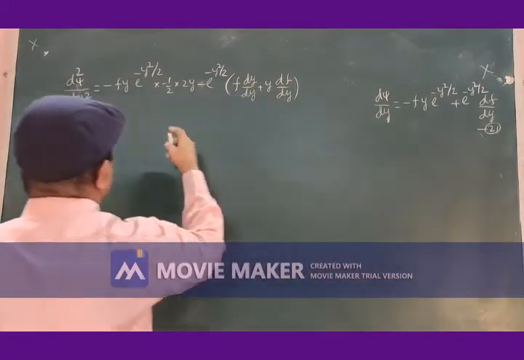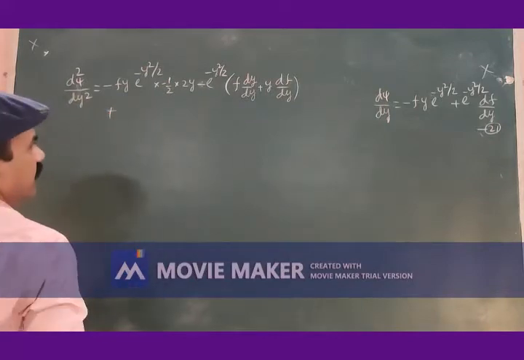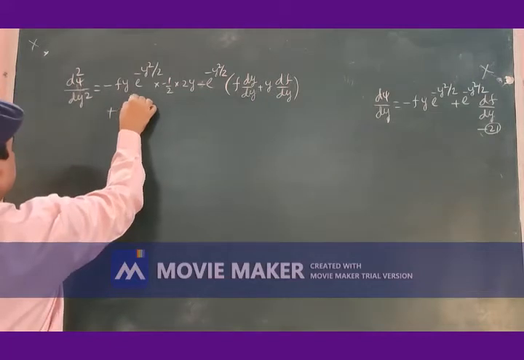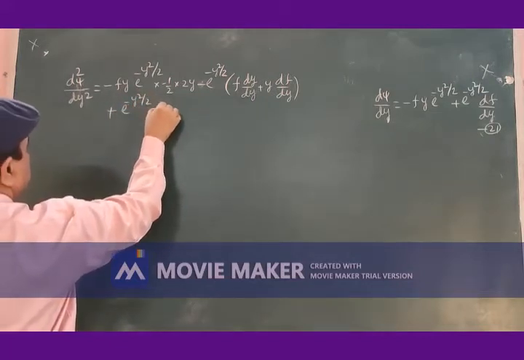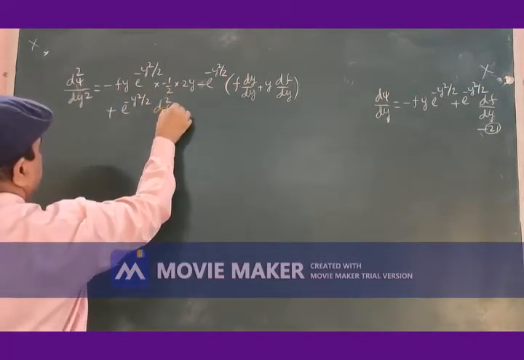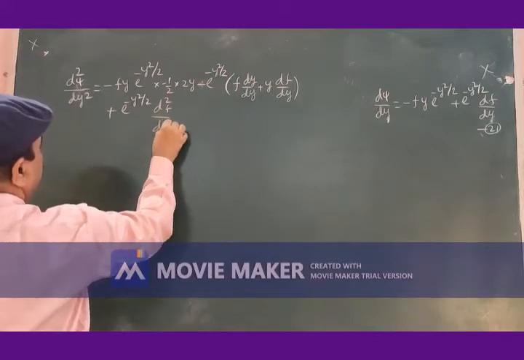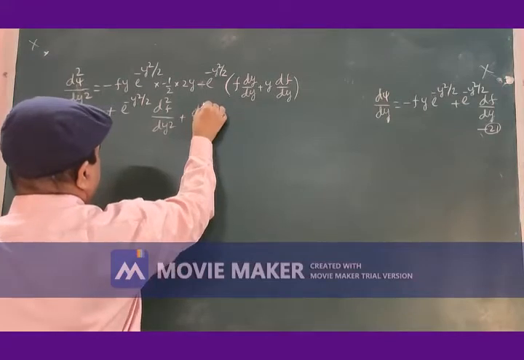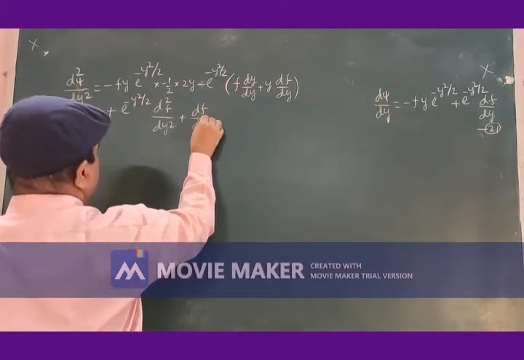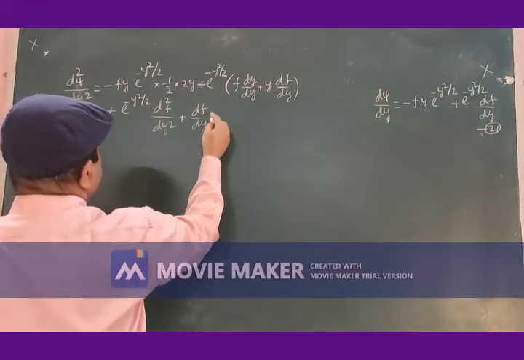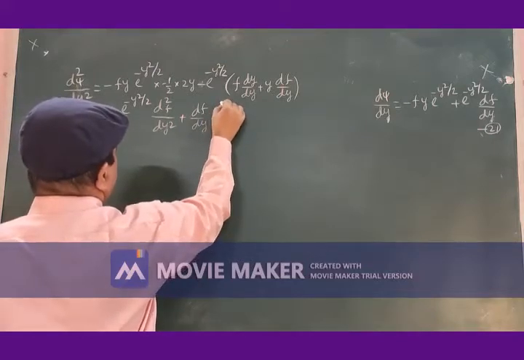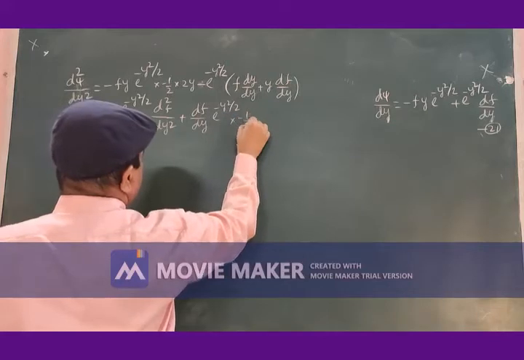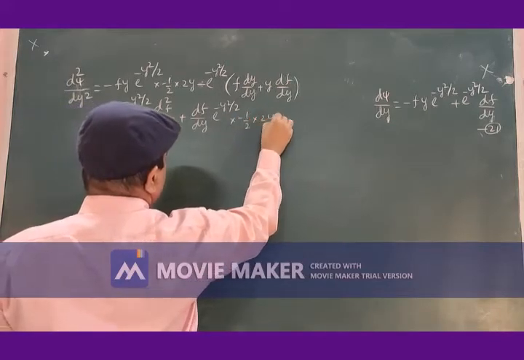Second term plus, first one is held constant, second one differentiated: d2f by dy square, plus df by dy held constant, this is differentiated, e to the power minus y square divided by 2 into minus 1 by 2 into 2y.